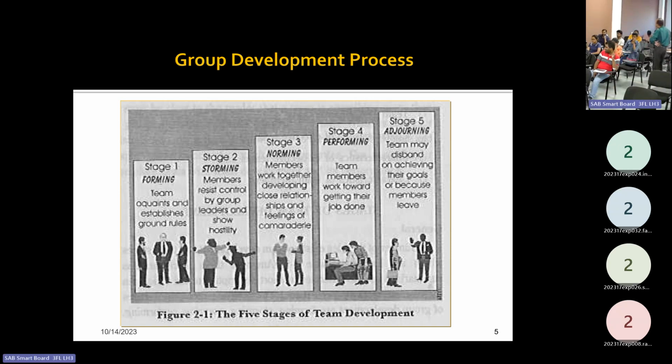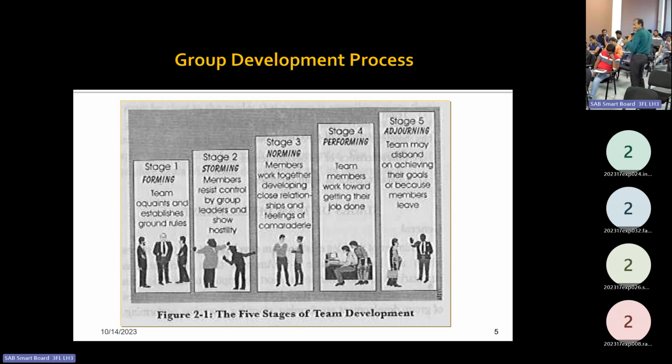They are not clear about the goal, task, roles, leadership, membership, norms, rewards, etc. That's why it is called forming. Forming means a lot of uncertain things are there, or everything is uncertain.